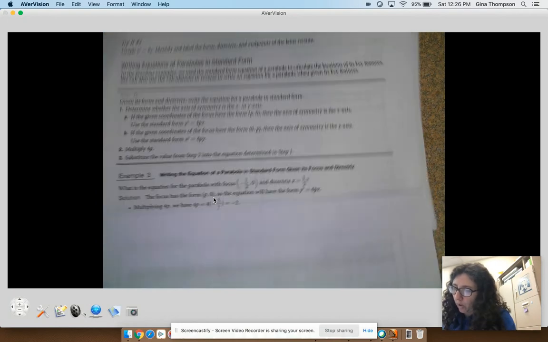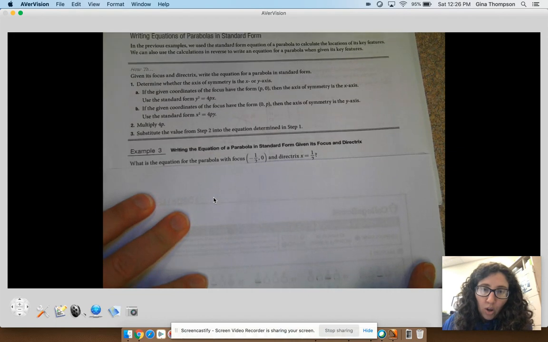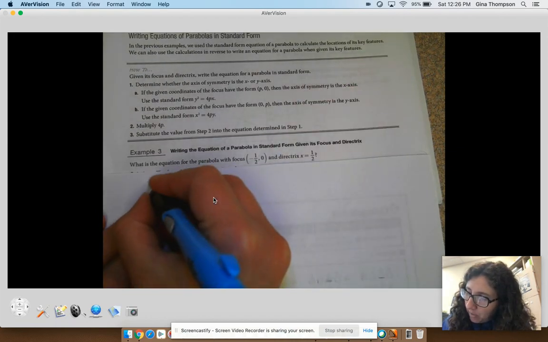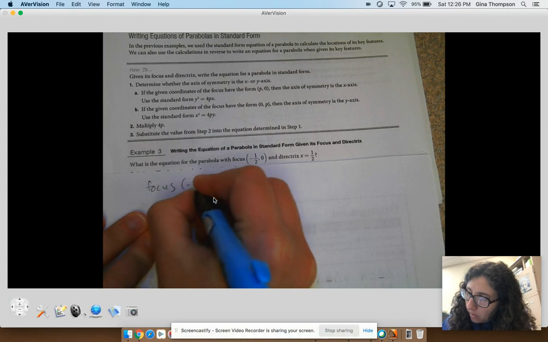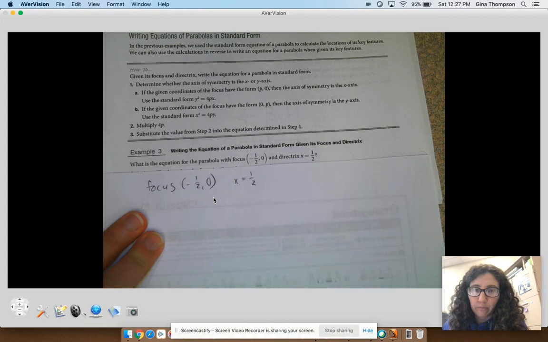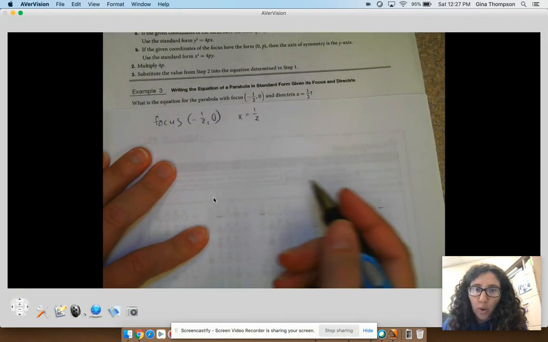Let's do another one, example 3. What is the equation for the parabola with focus negative 1/2, 0, and directrix x equals 1/2? Let's find this equation.